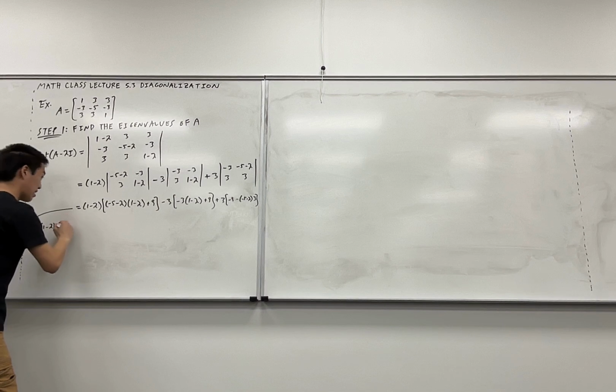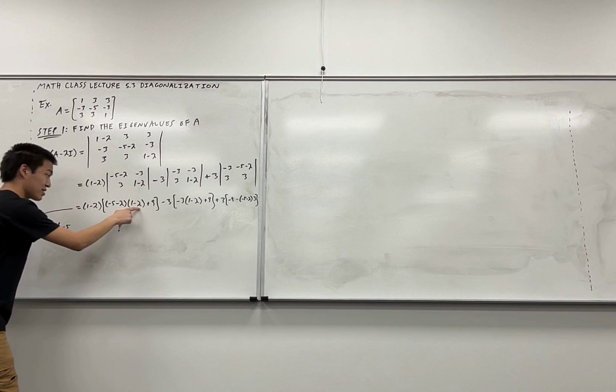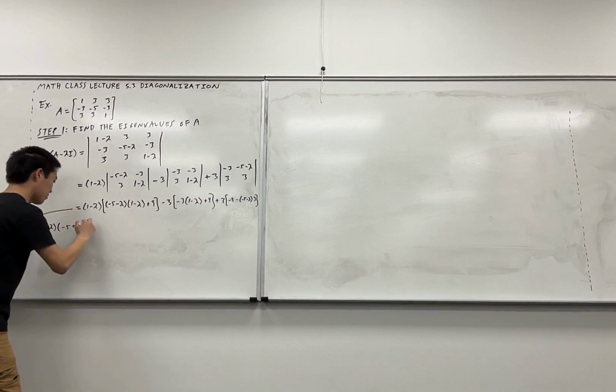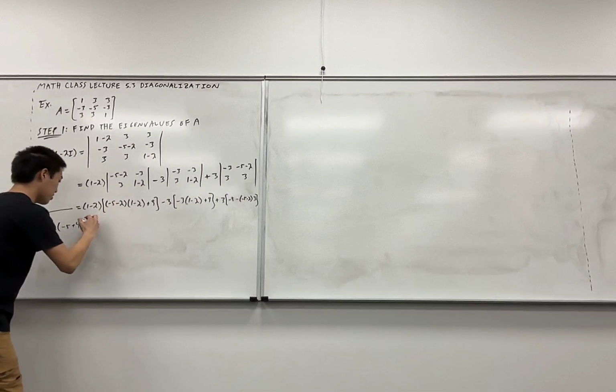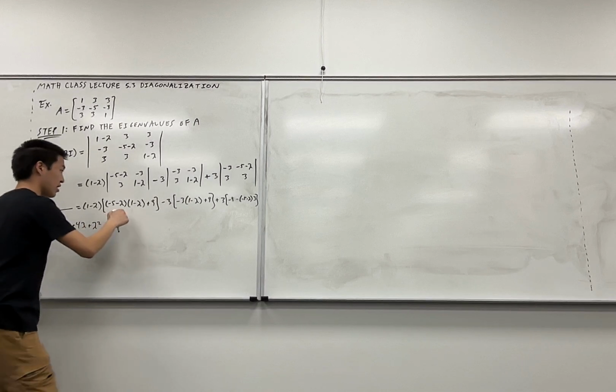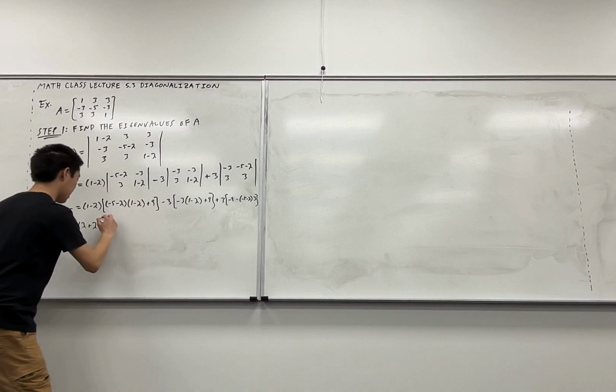If we expand this out now, minus 5 times 1, minus 5 times minus lambda is positive 5. 5 minus 1 is 4. Lambda squared is positive. And then I have the 9.